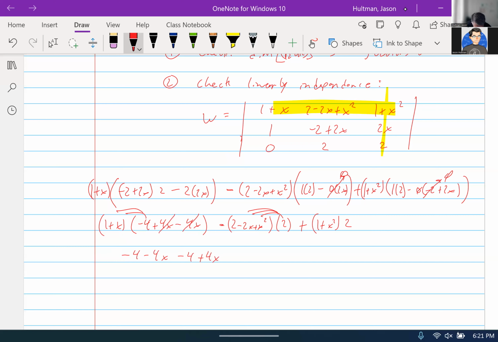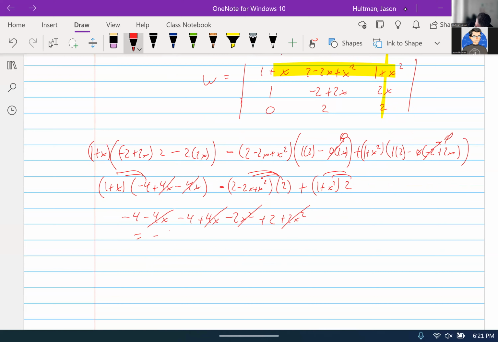And then minus 2x squared. Okay, and here I'm going to distribute the 2, I'm going to get a +2 and a plus 2x squared. Okay, so look at that. All of the variables go away, which is nice. And I'm left with -6, which is not equal to 0. And so since the Wronskian is not equal to 0, it's linearly independent.